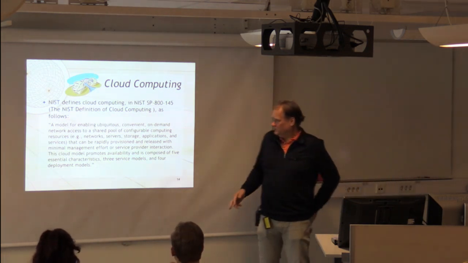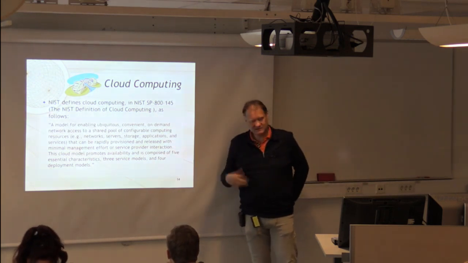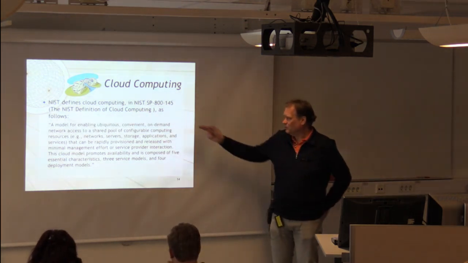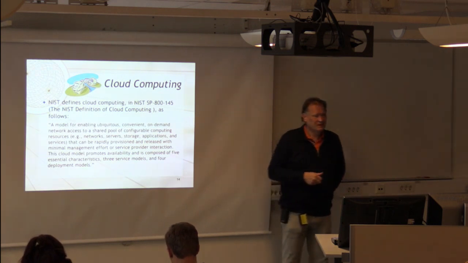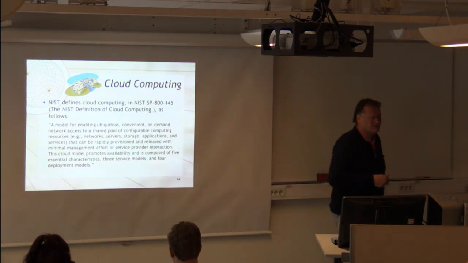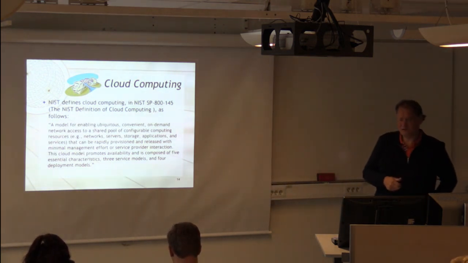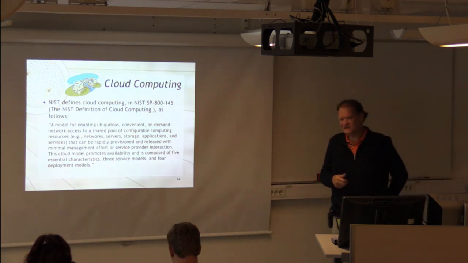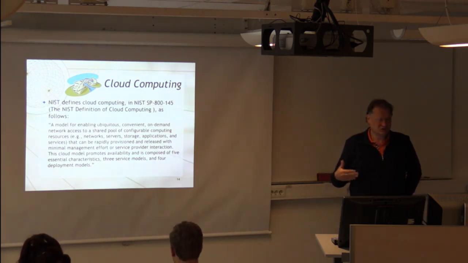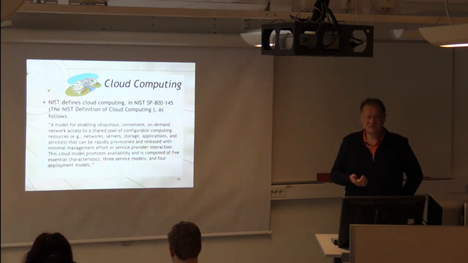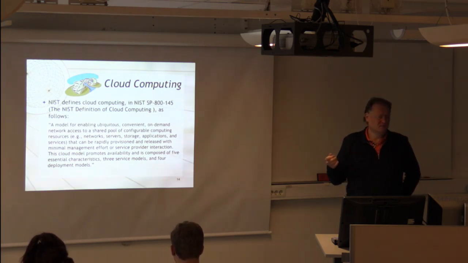So it should be ubiquitous, convenient, well, we know about that, on demand. With on demand, we will look a little bit deeper at that, but it means that you request some service from the cloud, and suddenly you decide, well, now I would like to increase the size of that request.